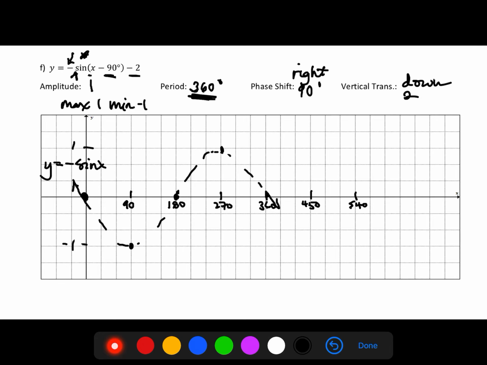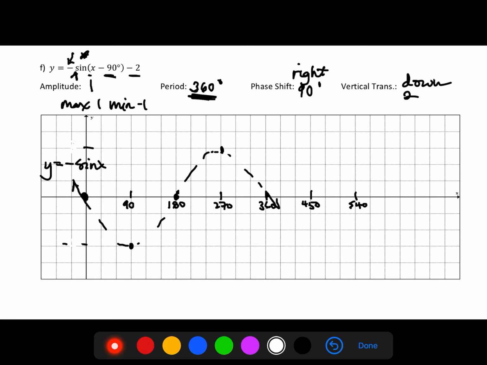Now we're going to apply our translations. So from our original point here, we're going to go down 2 units. And wait a second. We've got to rescale our grid. Okay, so this demonstrates how we want to make sure that we have our vertical translation attached as well.